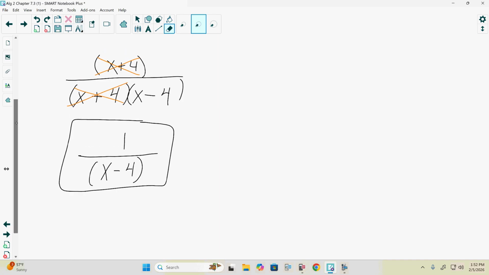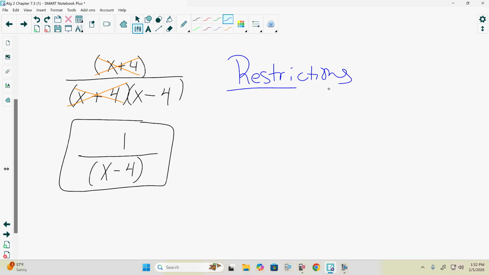Does that make sense? And I have a feeling on the ACT for a problem like this, they would put 0 as an answer. Because they're assuming you're going to put 0 over that and it's just going to reduce to 0.